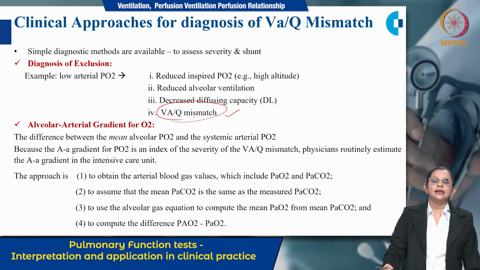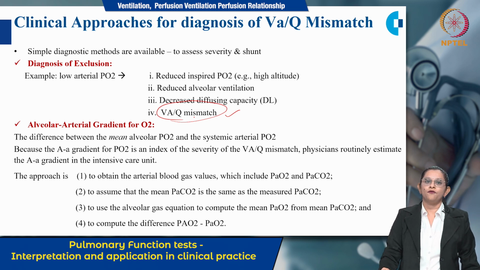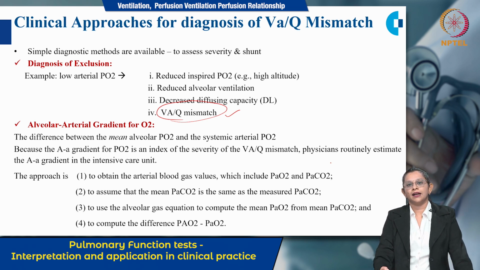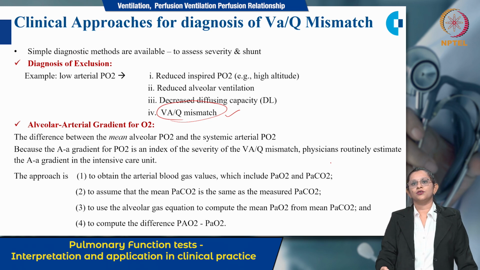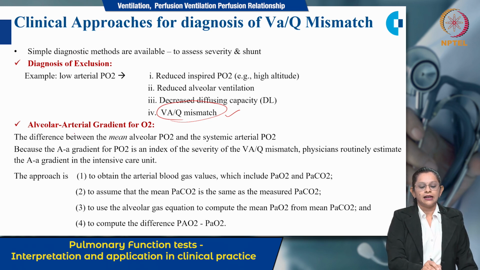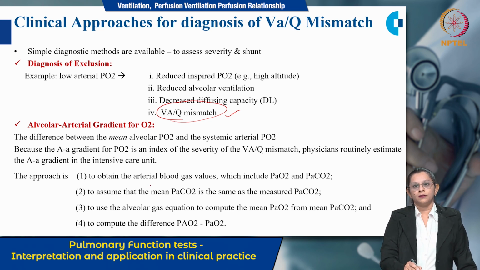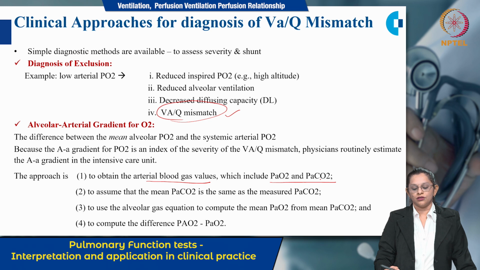Another way is the alveolar arterial gradient of oxygen. This is very commonly used routinely in the ICU, where we take the blood gas analysis of the patient and try to find out the arterial and alveolar oxygen concentrations and find the difference between the two. For that, first we obtain the arterial blood gas analysis and find out the PaO2 and the PaCO2 concentrations.